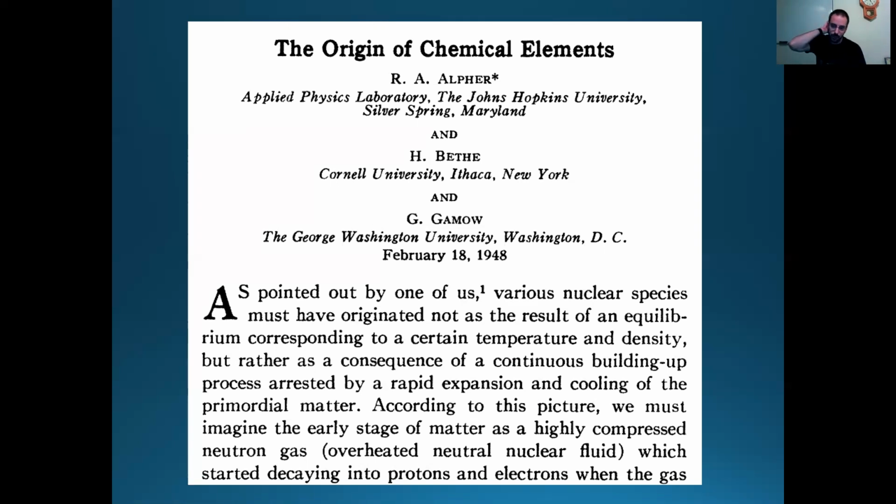It turns out that the only elements that you can form are the lightest elements. Hydrogen with a single proton, helium, which has 2 protons, and a tiny bit of lithium, which has 3 protons. Anything heavier than that, you can't form in a short period of time. So if it were just for the Big Bang, or what we call Big Bang nucleosynthesis, the universe would be hydrogen, helium, and a tiny bit of lithium. That's it. All the heavier elements formed inside stars.